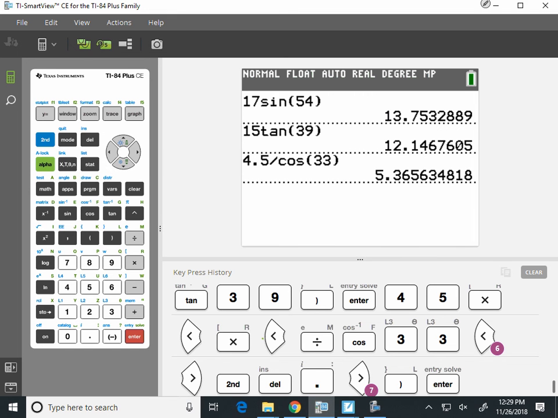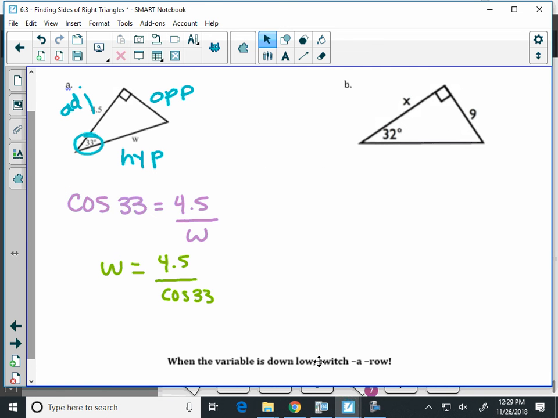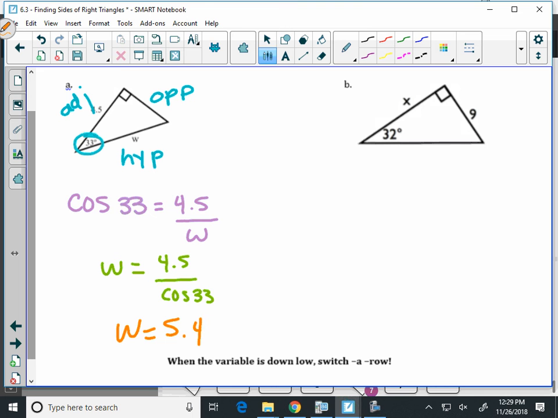You should have gotten that. Did anyone not get that? Okay. So when we round that, that should be 5.4. So W equals 5.4. About. Questions?